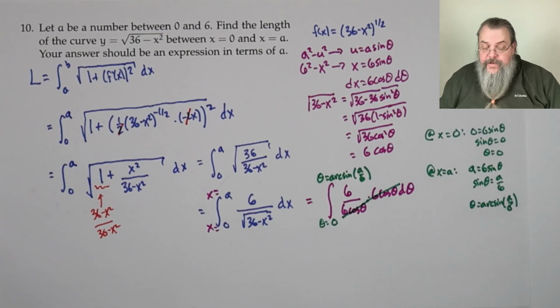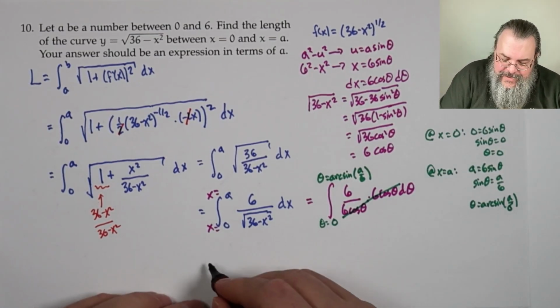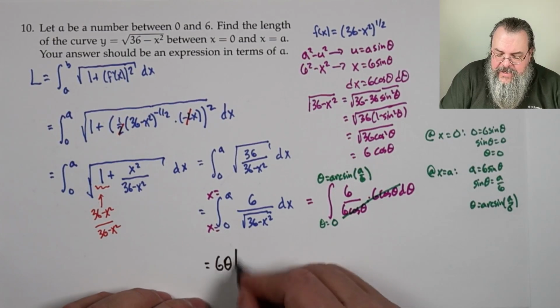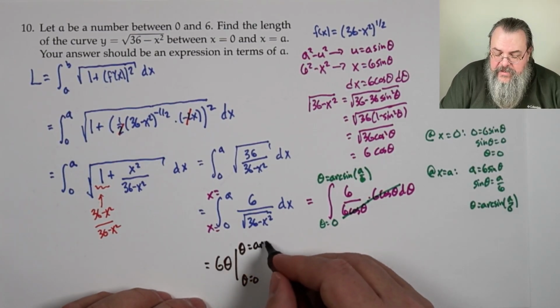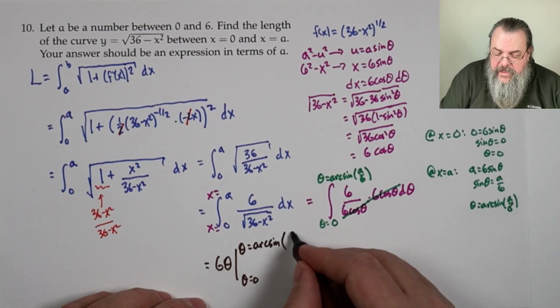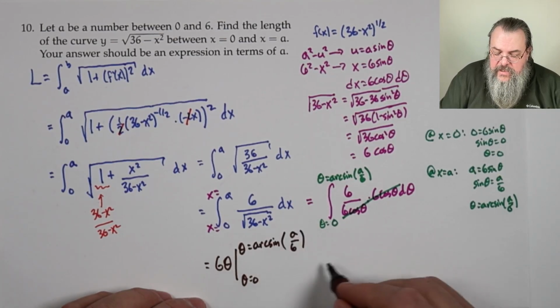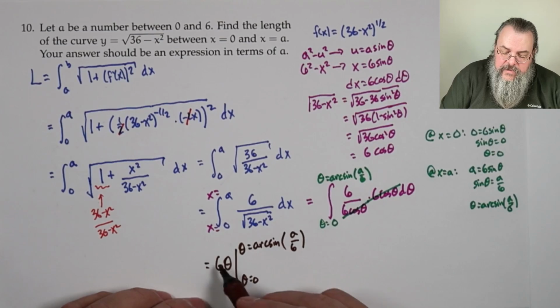It's the integral of 6, our favorite type of integral. So we get this as 6 times theta evaluated from theta equals 0 to theta equals arc sine of a over 6. And if we plug in 0, you get 0.